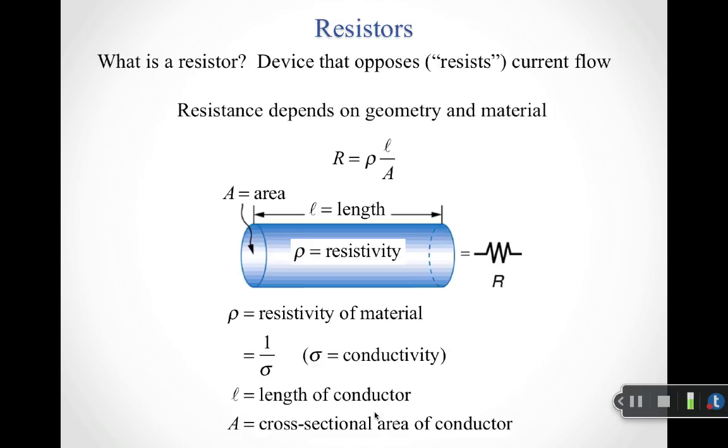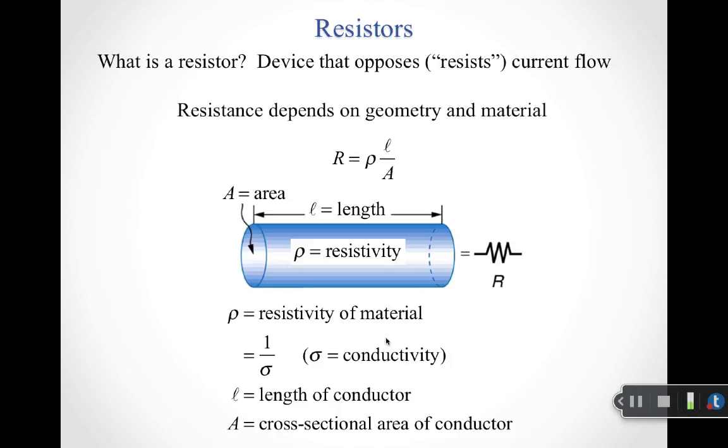In the same way that we said for capacitors, the capacitance depends on the geometry, and then you can talk about the material in terms of whether or not you choose to put a dielectric within your capacitor. Same thing here. The resistance of a resistor depends on the geometry, and it depends on the material you make the resistor out of.